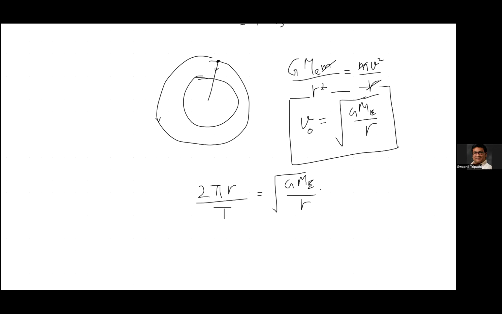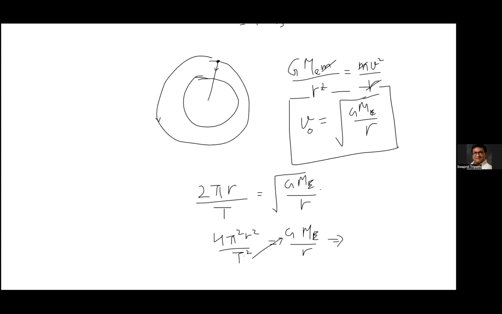We can do it like this, and then square both sides, and then rearrange it some more. Bring the t squared over here and everything else to the left side.